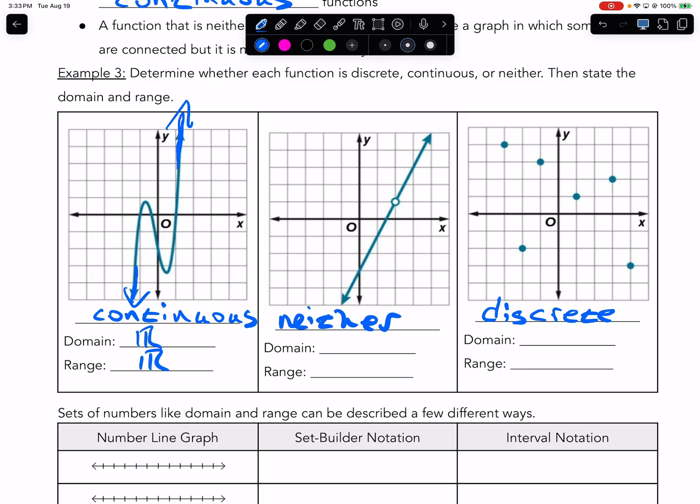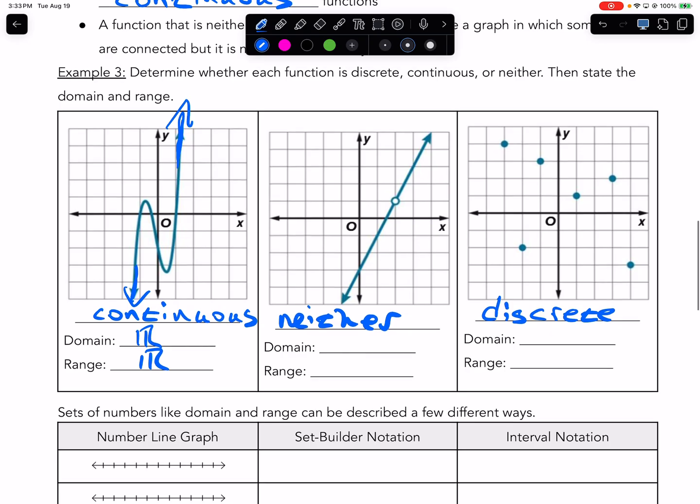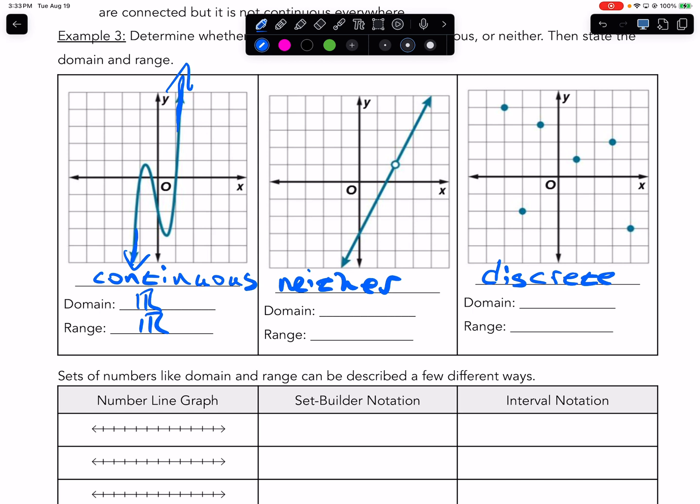Any cubic function will always have all reals on both domain and range. We can hardly ever say that in math where it works that way every single time, but for a cubic function, it always does. Now for the next graph, the domain is all real numbers except what x value? Two. Good.